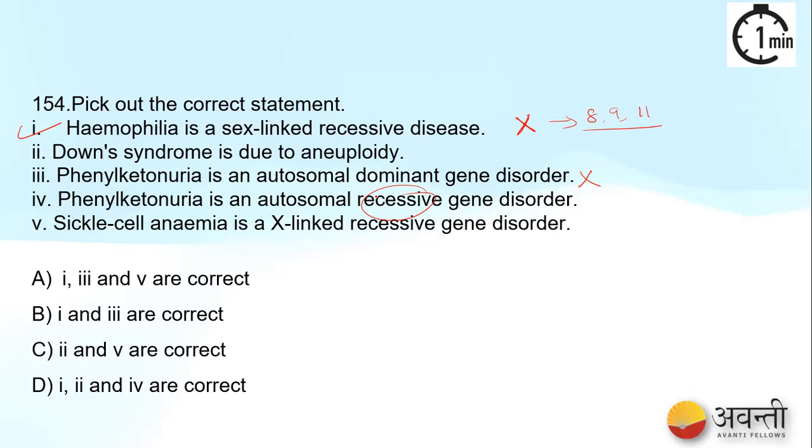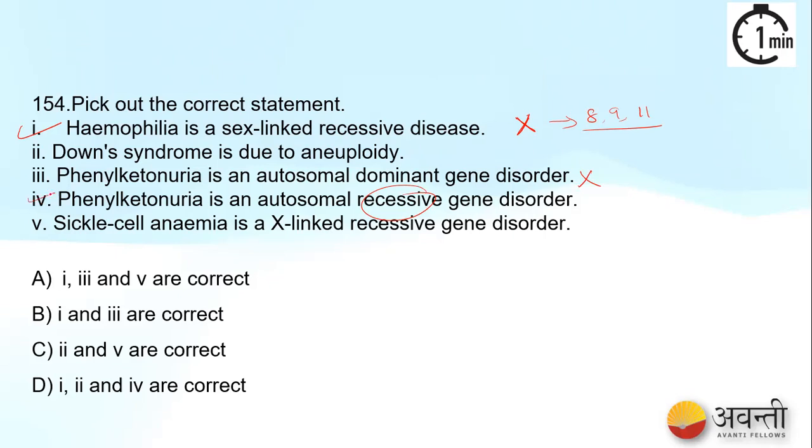When this enzyme is mutated, phenylalanine keeps on accumulating and increasing. So that is a recessive genetic disorder. So option 4 is correct.